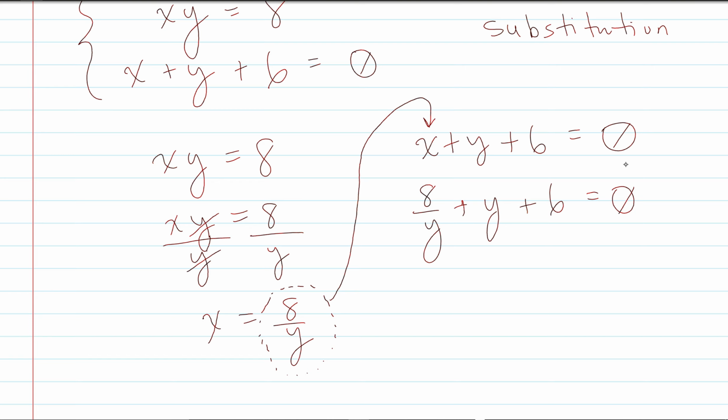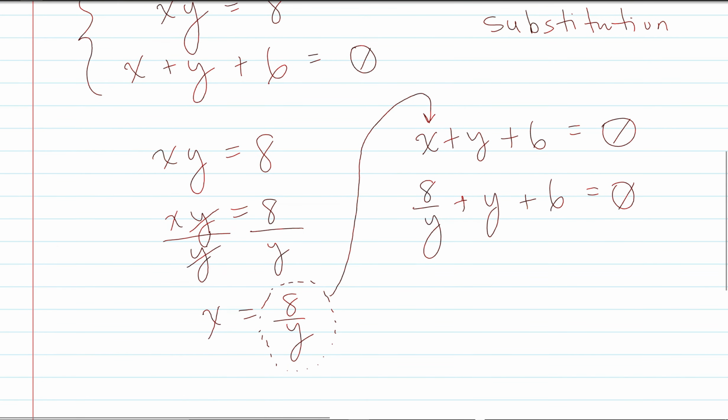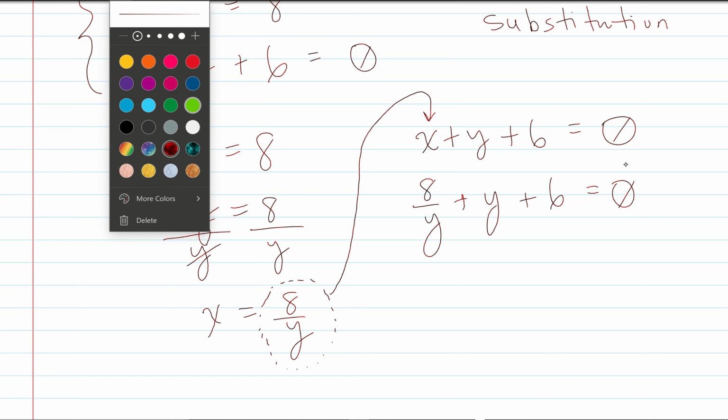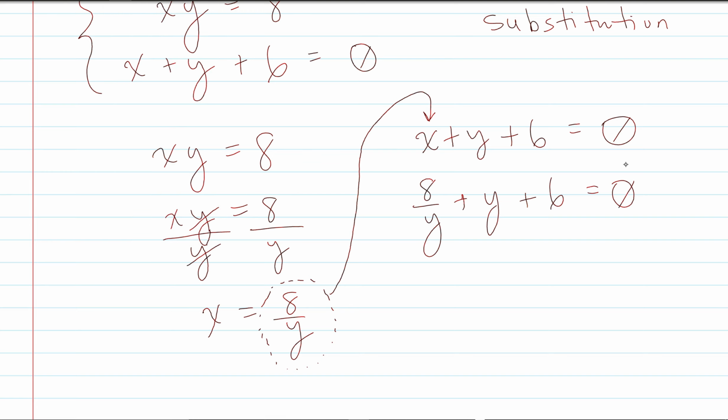Alright, so the next thing I want to do here is likely just get rid of the fraction. So anytime we have a fraction, all we need to do is check out the denominator. Whatever the denominator is, we can take that denominator and multiply it times each of these terms. Right?